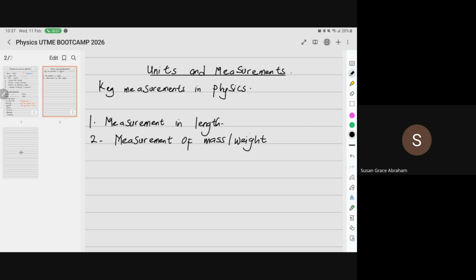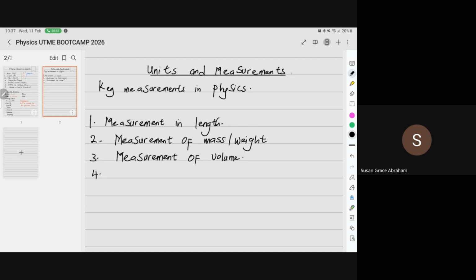Under this measurement of mass and weight, that's where they start asking you what's the difference between mass and weight. If you can remember, they start asking you what's the difference between mass and weight. It's under this place that you get to find some of those things. So the next one is measurement of volume.